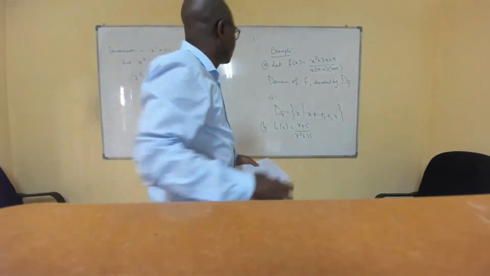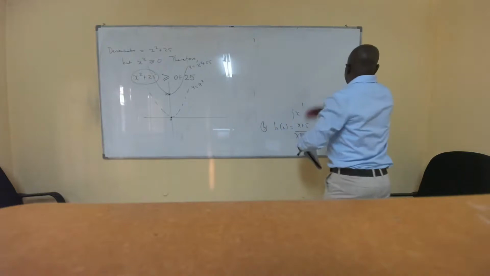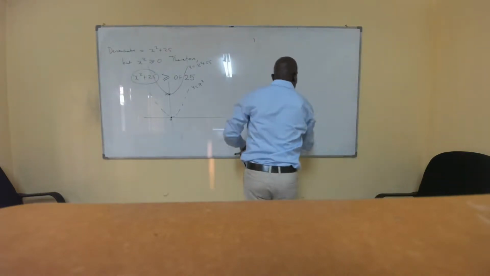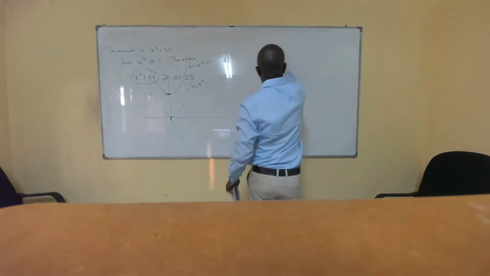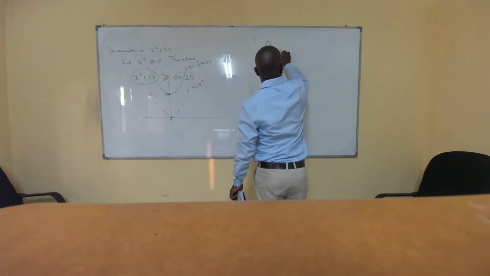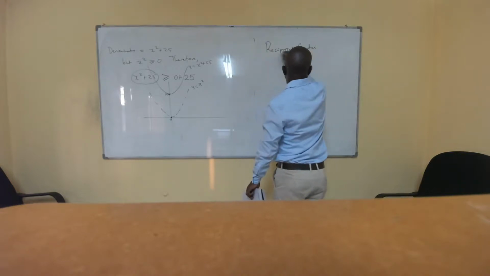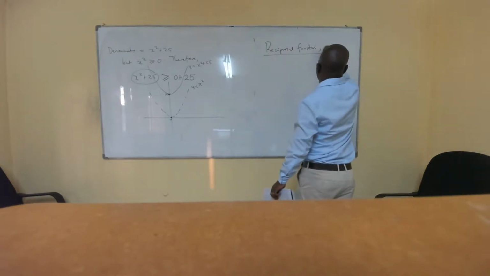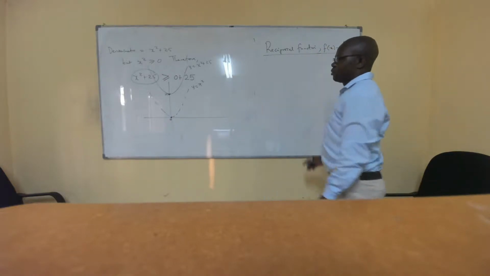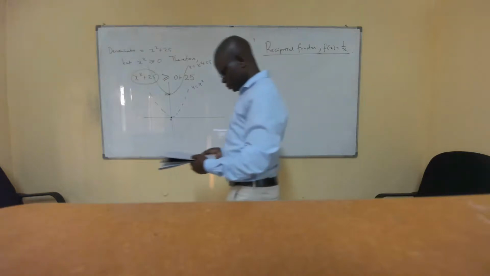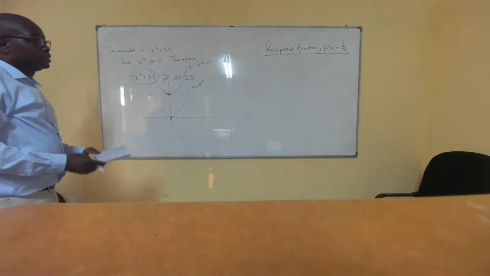We'll now look at what we call the reciprocal function. Very, very interesting function. The reciprocal function is f of x equals 1 over x.